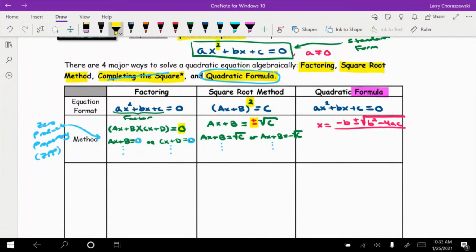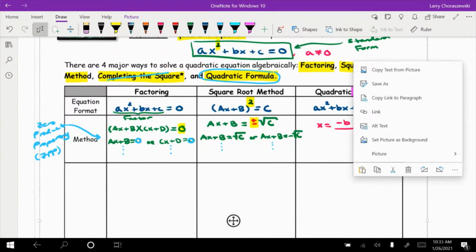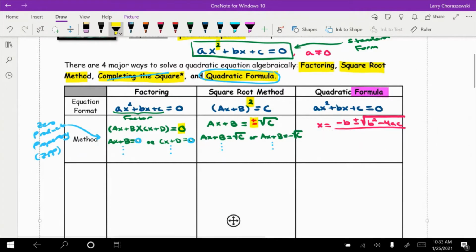A lot of people forget that this fraction bar goes underneath the negative b. So just make sure that that fraction bar goes underneath everything that we just wrote out. And there is an expression that we'll put in the denominator that's going to be 2a.